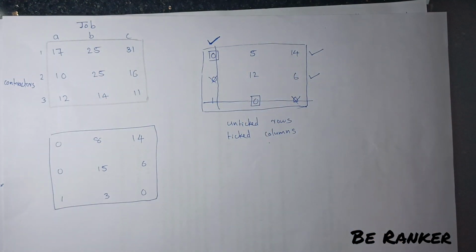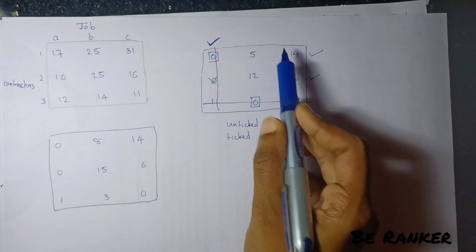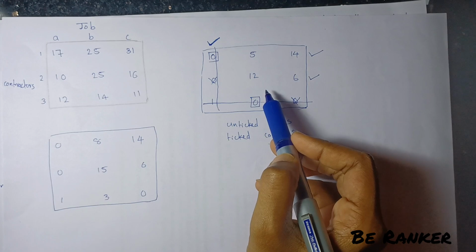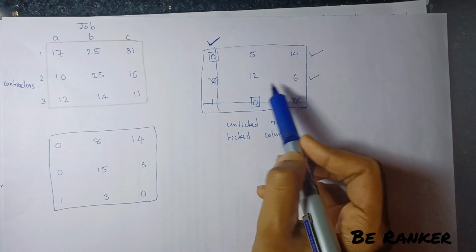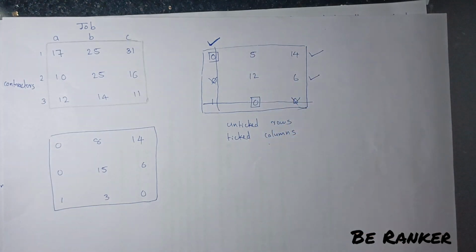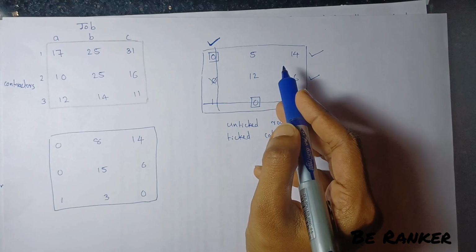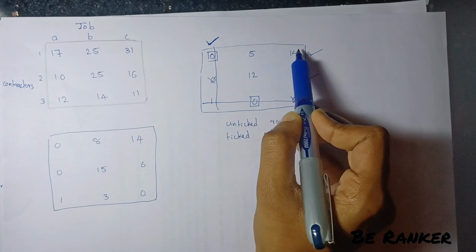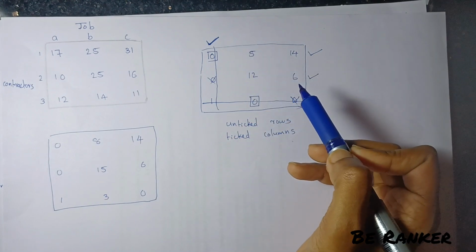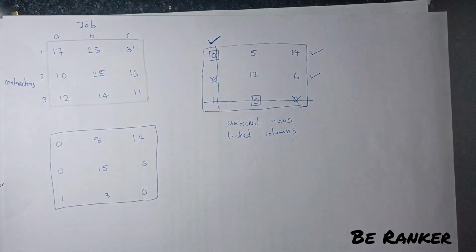Then the next step is to find the smallest element among the elements not covered by the lines. Here only these 4 elements are not covered by the lines, and the smallest element is 5.